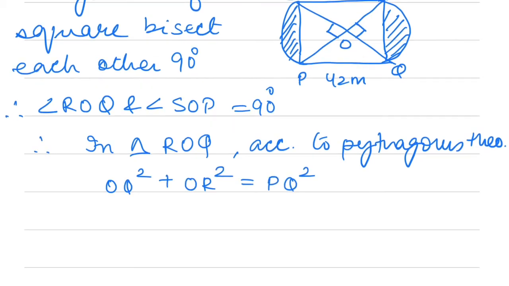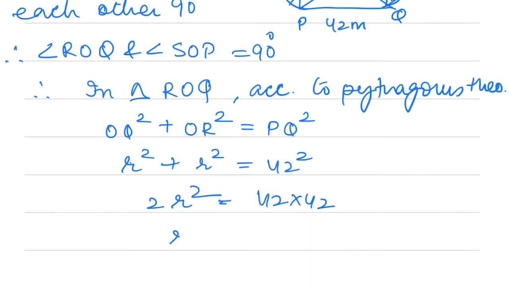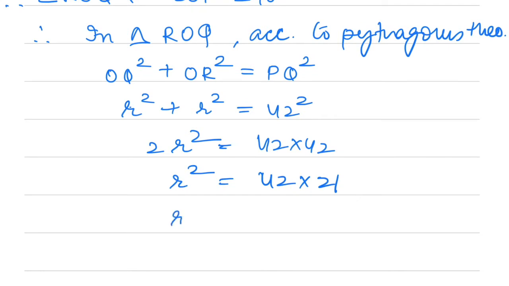So let's take this as radius square plus radius square is equal to 42 square. So 2R square is equal to 42 into 42, and we have R square is equal to 42 into 21. So let's multiply. We get R square is equal to 882.